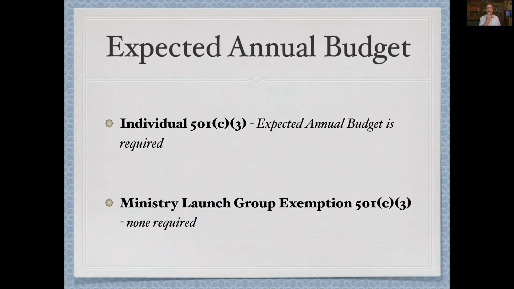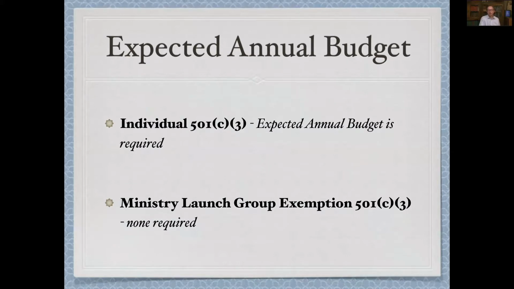So I want to spend the remaining time that I have talking about not the ways that they're the same and what you can do, but really the ways that the individual and the group exemption are different. So number one, the expected annual budget.